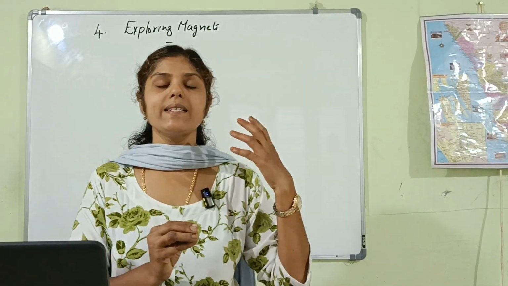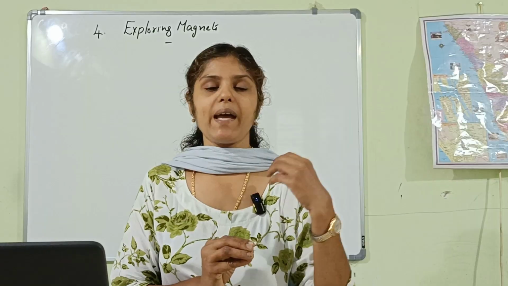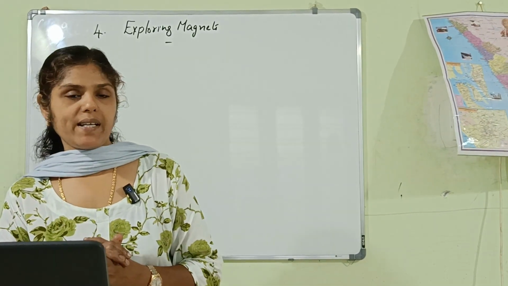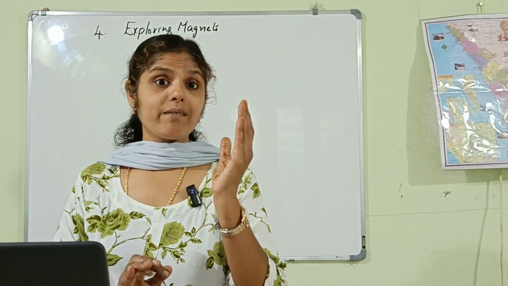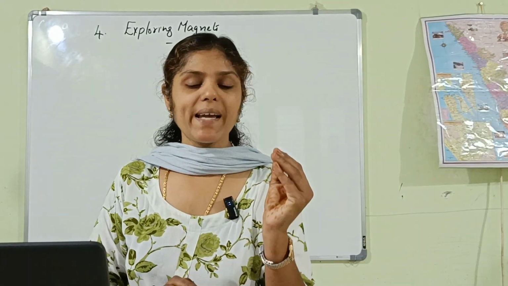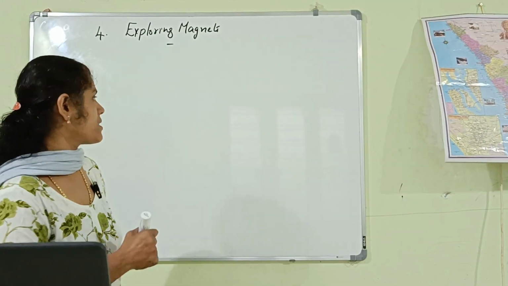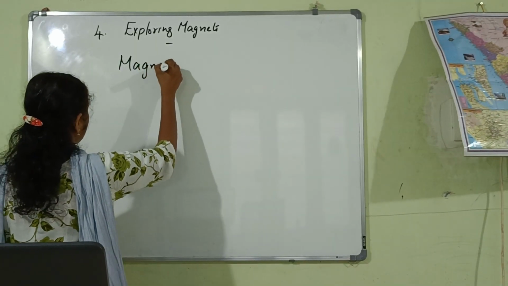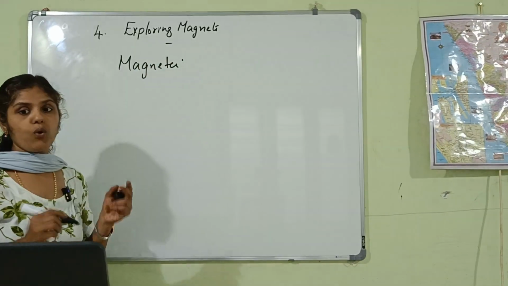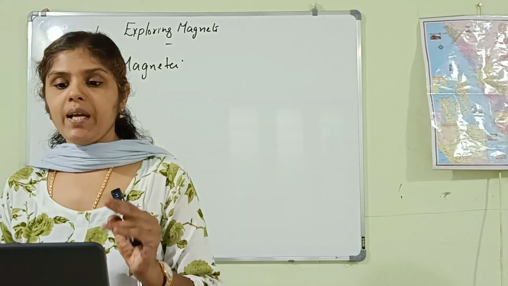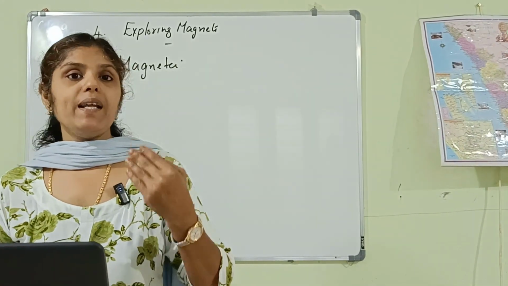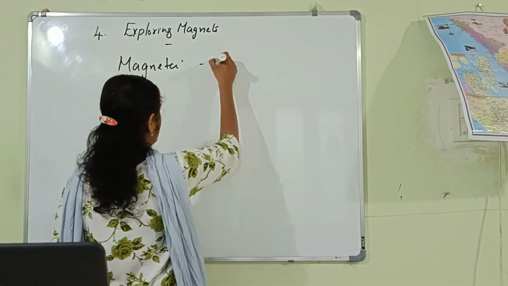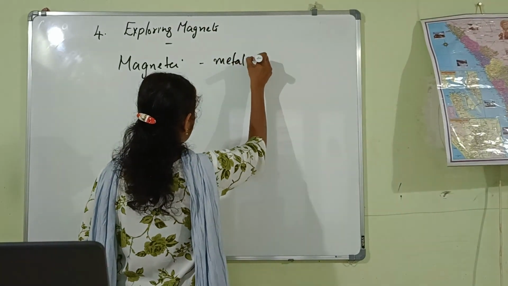That means the iron nail is a magnetic material. So that is the first term you have to note: magnetic materials, those which are attracted towards a magnet. For example, the metal iron is a magnetic material.